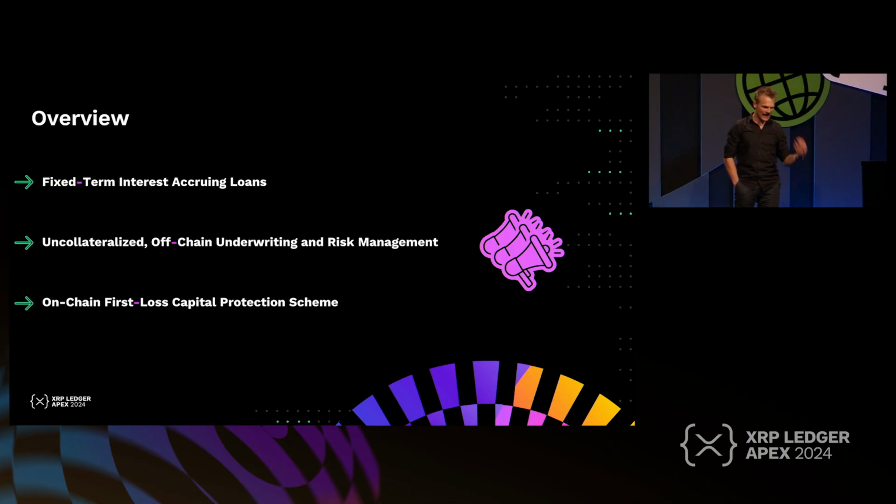They are uncollateralized and thus they rely on off-chain underwriting and risk management. However, to protect the investors, to give them some kind of an insurance policy, the protocol also introduces an on-chain first-loss capital protection scheme.